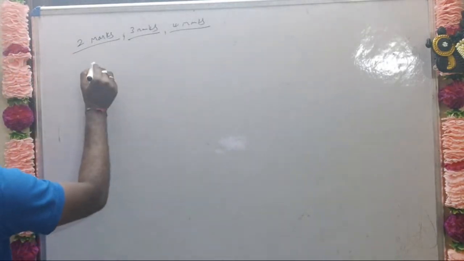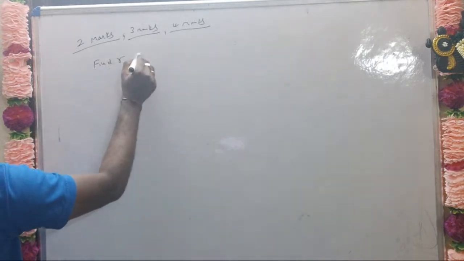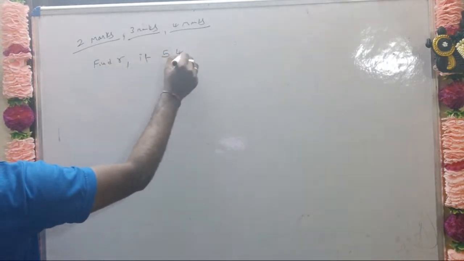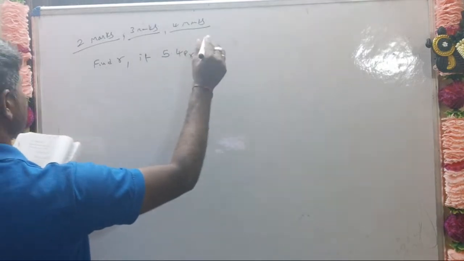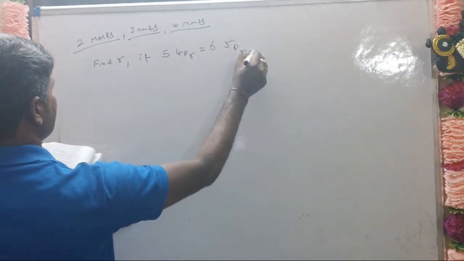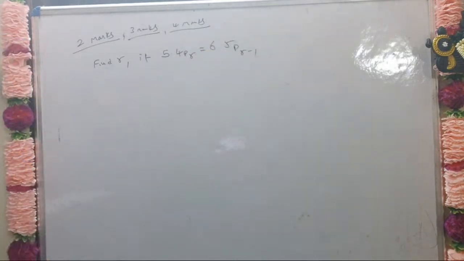Find r, if 5 into 4Pr is equal to 6 into 5P(r minus 1).